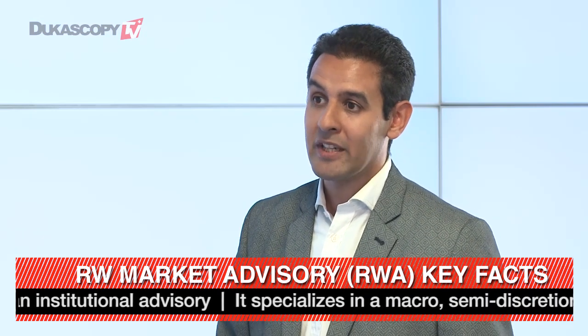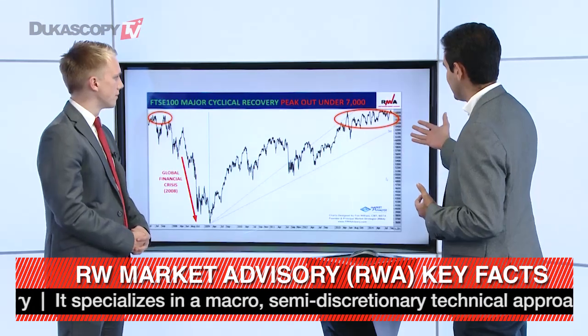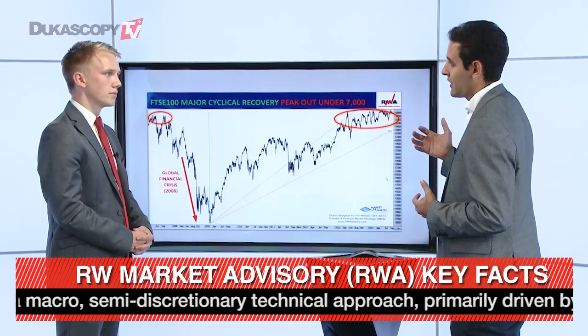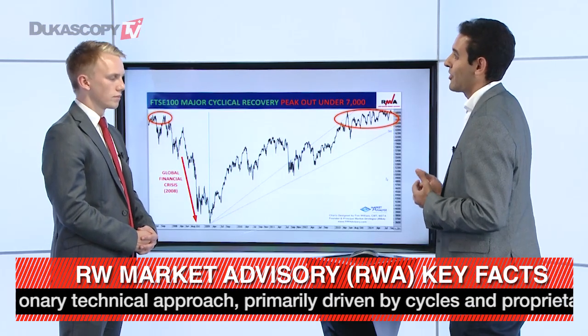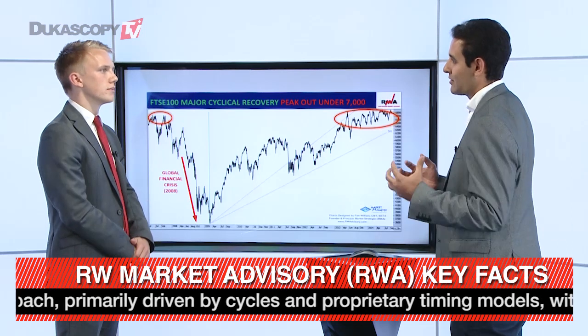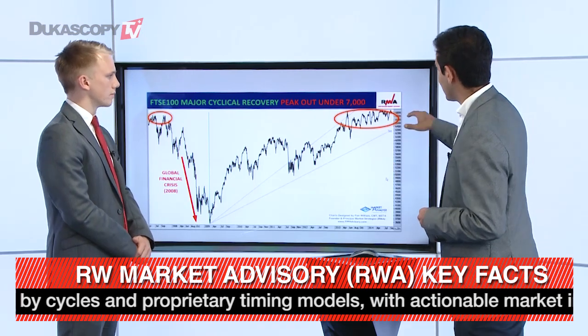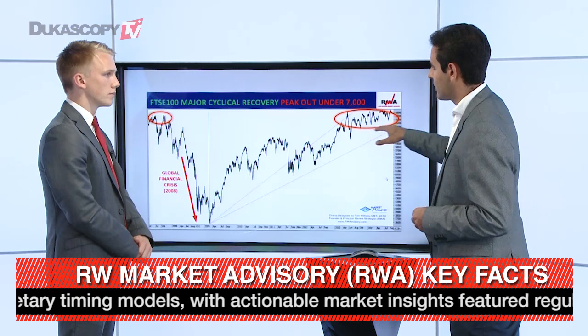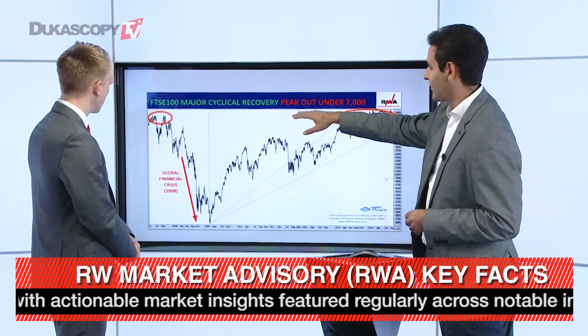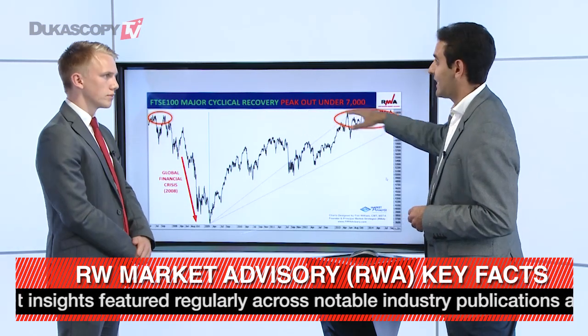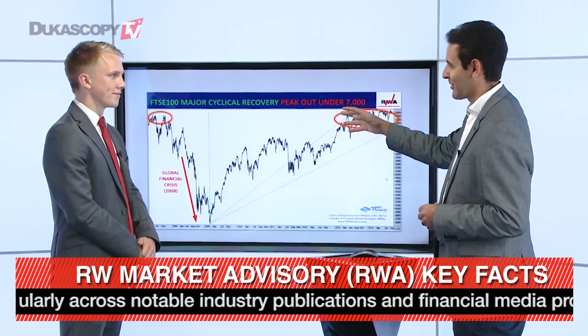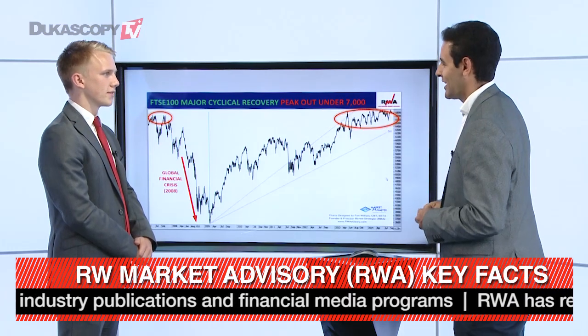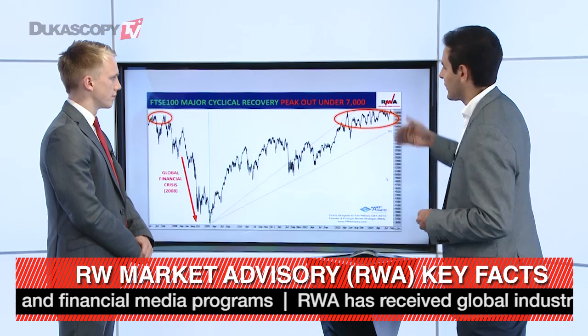We've been stalling within this key pattern underneath a historic and psychological 7,000 level on the FTSE 100. That is also correlating with the 2008 global financial crisis high. You can see at the top there, we basically hit that kind of memory juncture for the chart. Price does have a memory, and we're still churning sideways.